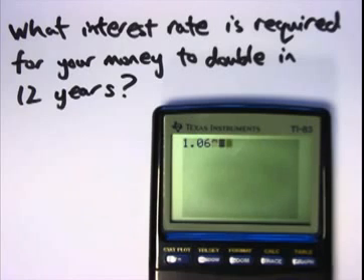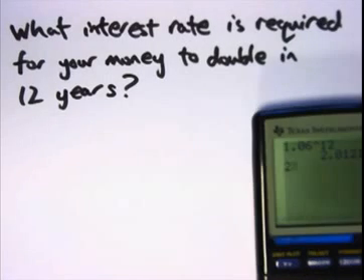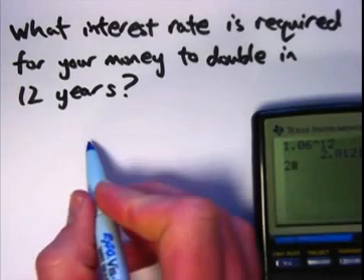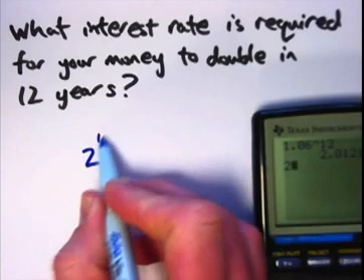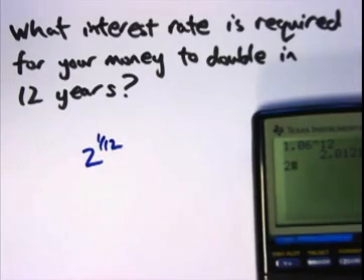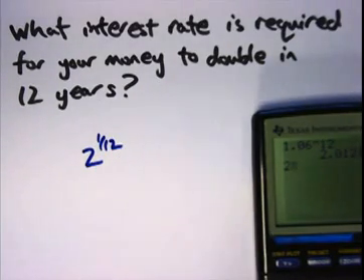Let's look at this one here. What we're hoping for is an answer of 2. What number, a little bit bigger than 1, will be such that if I raise it to the 12th power, I will get 2? Well, that's just what I've been talking about. 2 to the 1/12th power is going to be a symbolic form of the answer.